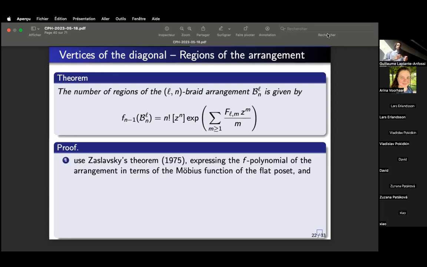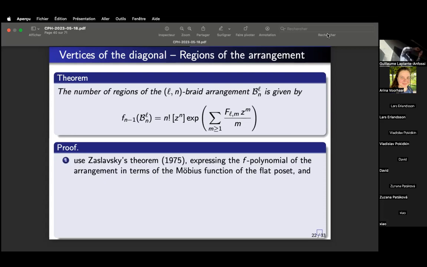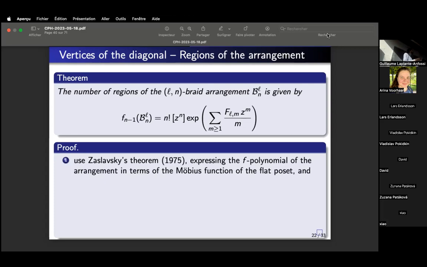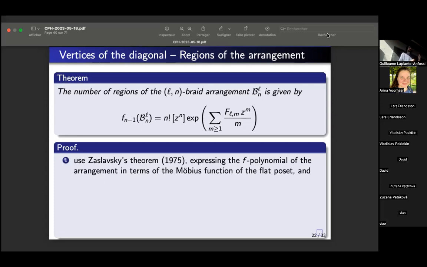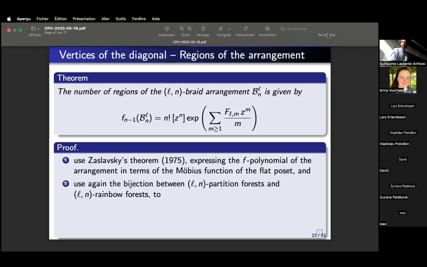Yes, so you can count, when we say the f-polynomial, it's just counting the f-vector, the number of faces of each dimension, and you can do this in terms of the Möbius function of the flat poset. This is what Zaslavsky gives you, and you use again the description in terms of rainbow forests to determine the characteristic polynomial of the L-fold braid arrangement.